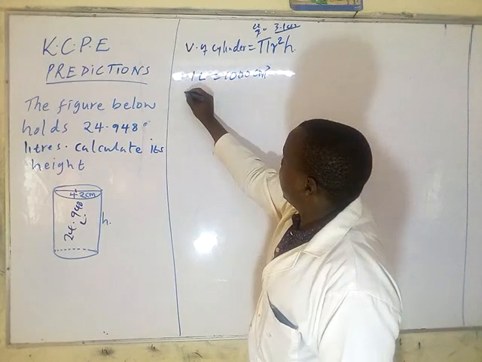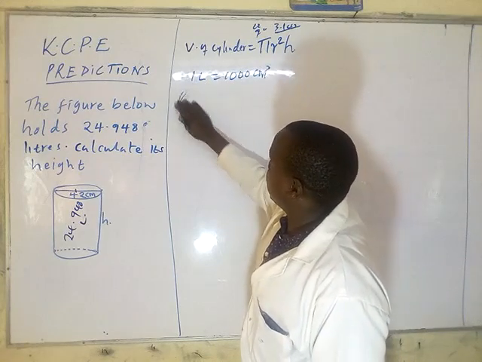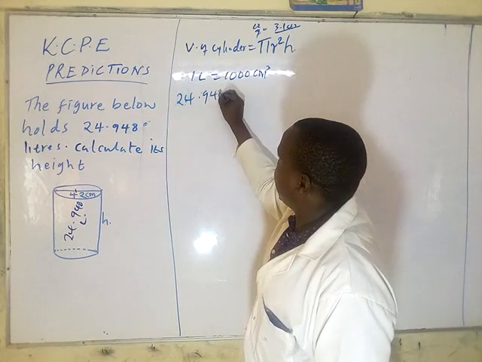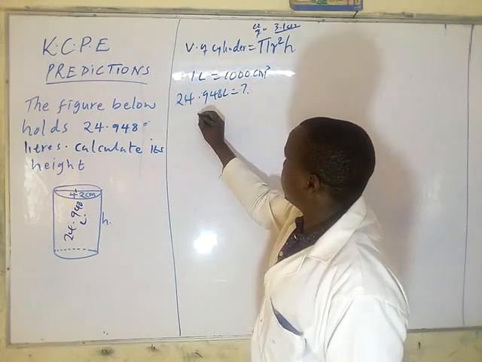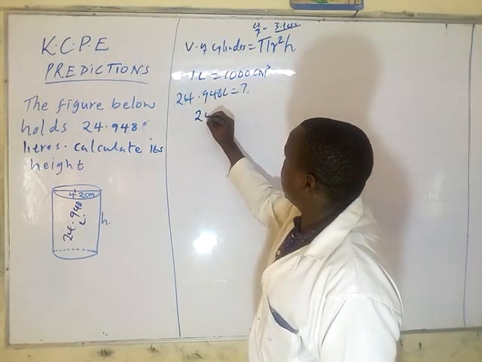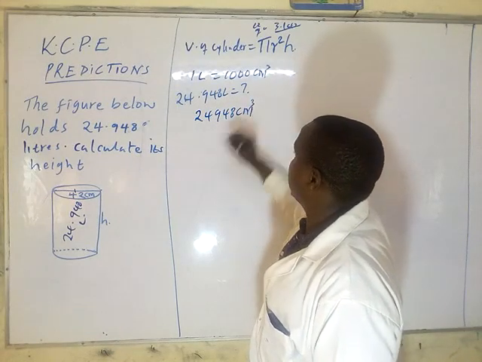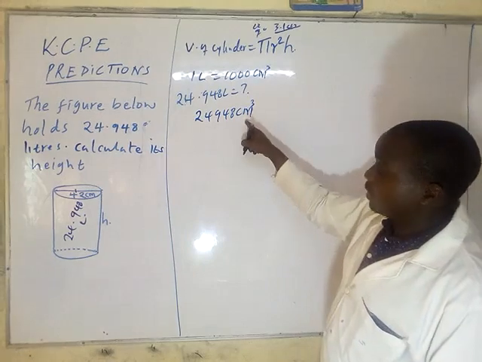Therefore 24.948 liters will be 24,948 centimeters cubed. This is our volume in centimeters cubed.